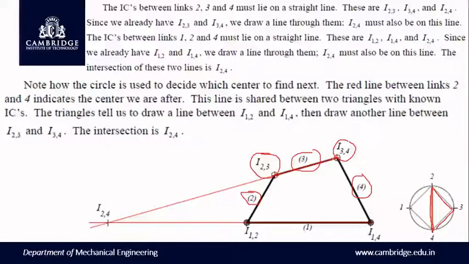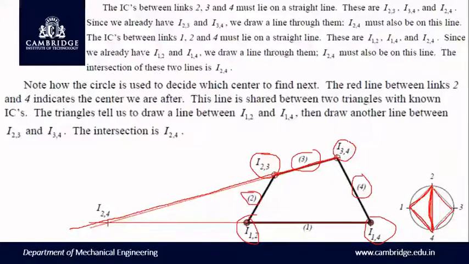Take a line connecting these 2 instantaneous centers and produce that line as a first step. Later, this 2, 4 is a common line for another triangle, that is 1, 2, 4. So consider now instantaneous center 1, 2 and instantaneous center 1, 4. So 1, 4 and 1, 2 are here.